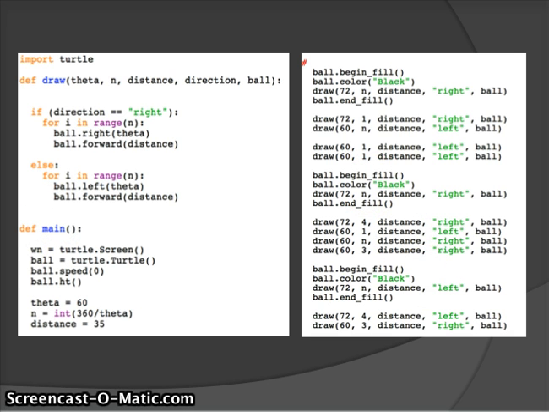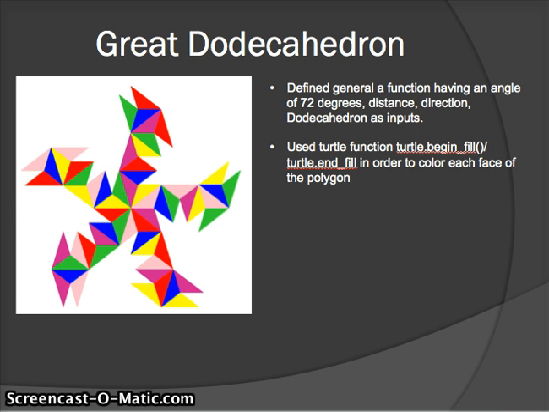Now to finalize, we have the great dodecahedron, which was a little bit more challenging. I was able to use most of the idea that I used throughout my entire project, which was: given an angle, I will tell Python, or Turtle, excuse me, how many turns to take in order to build such a pattern.